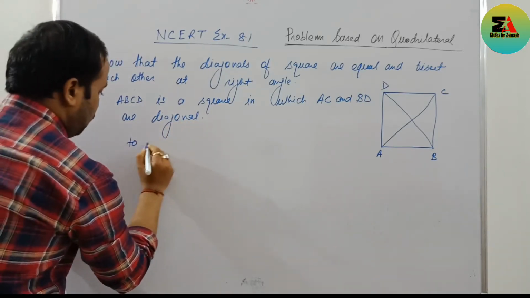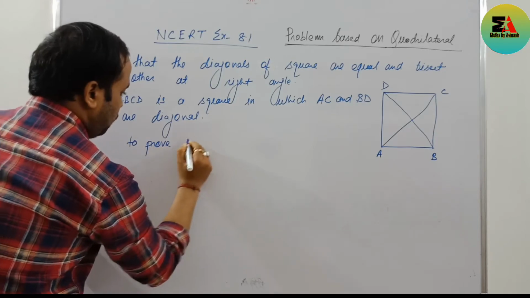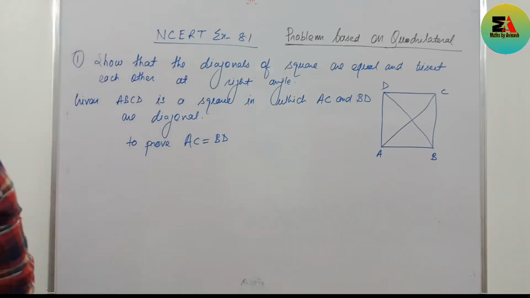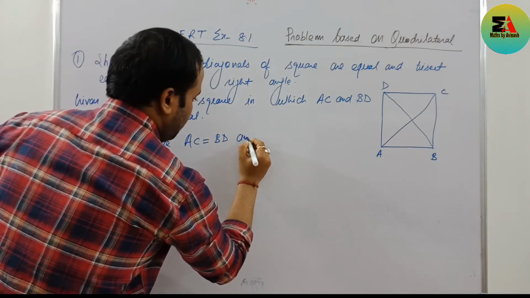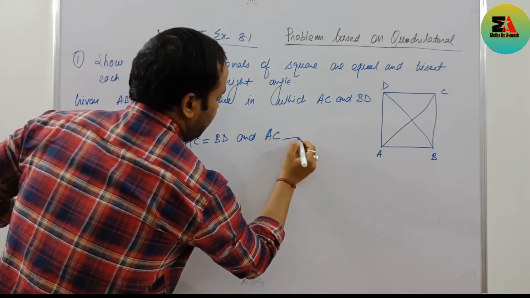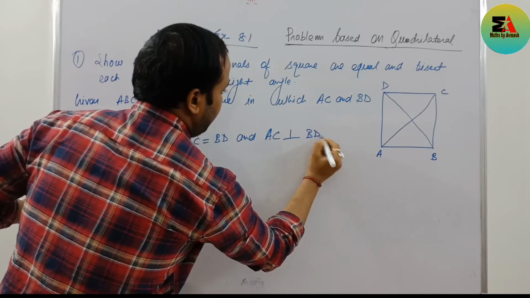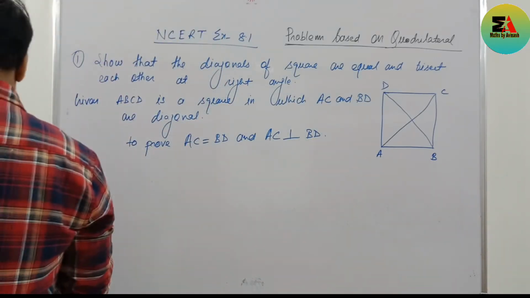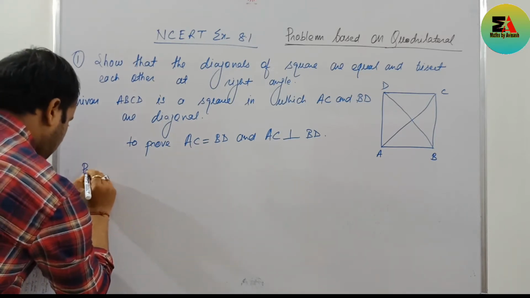Then what we have to prove? To prove: AC equals BD and both diagonals are perpendicular to each other, AC perpendicular to BD. This is what we have to prove. Now, proof.